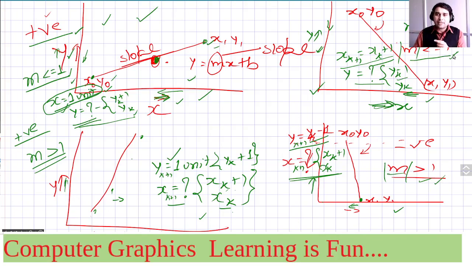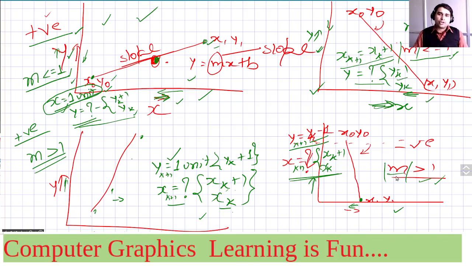If it is less than or equal to 1, you will increase x always by 1 and try to find the value of y, whether it should decrease or it should remain as it is, right? If the value of m is greater than 1, you just decrease y always and try to find the value of x, whether it should increase or not.